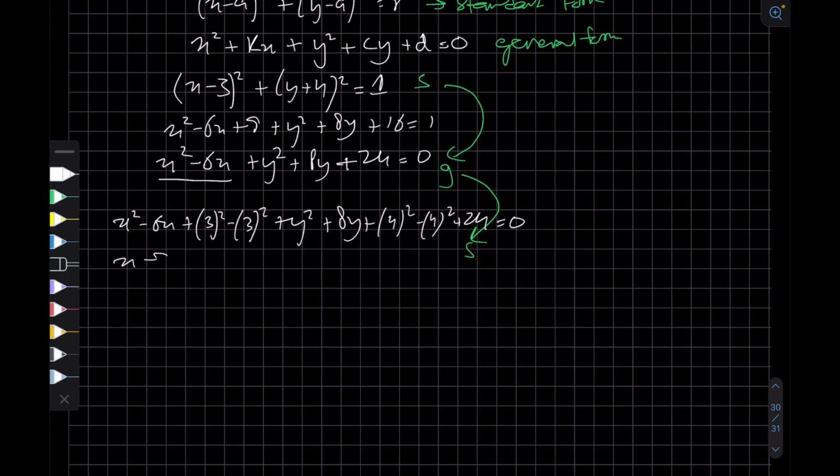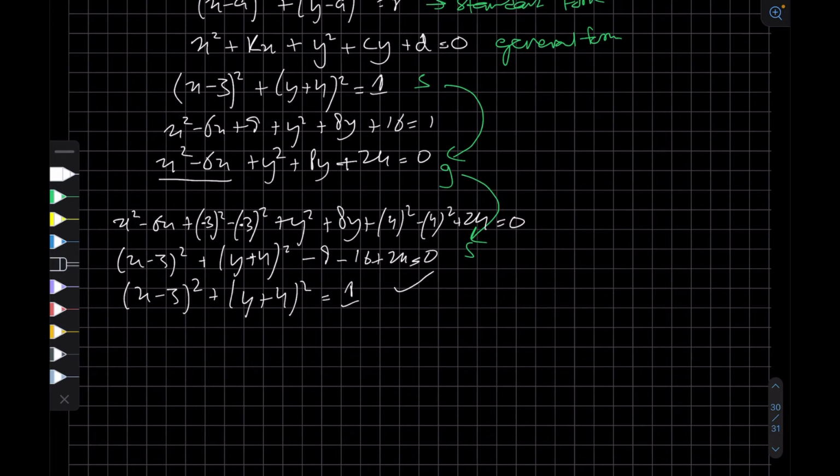That is (x minus 3) whole squared plus (y plus 4) squared minus 9 minus 16 plus 24 equals 0. So (x minus 3) whole squared plus (y plus 4) whole squared equals 1, and we got back to our standard form.